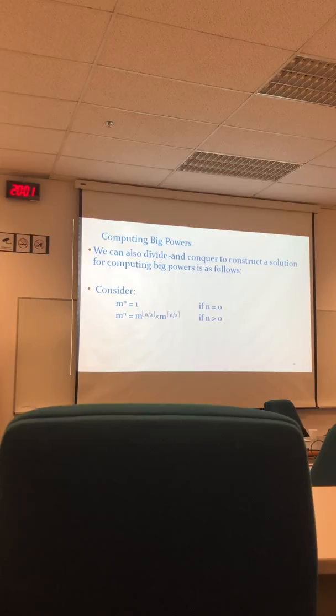After we structure it in this way, we can solve the problem. Based on this formula, we can calculate m to the power n using divide and conquer. So there are two subproblems, this is a subproblem and this is a subproblem, and both are smaller than the original problem.